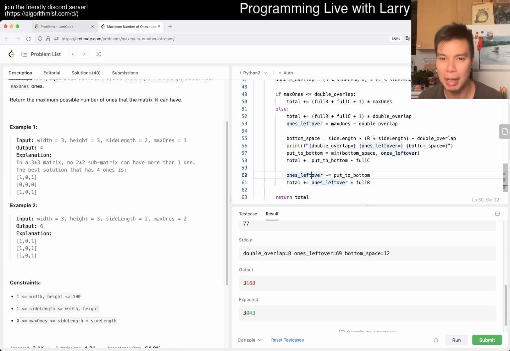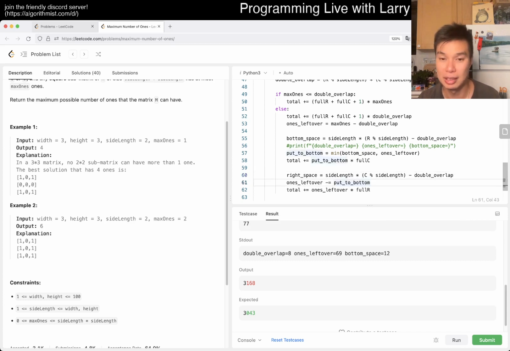So I'm actually happy in a sense that this is tractable. We can figure it out. It's the same idea as here: right space is equal to side length times c mod side length minus double overlap.